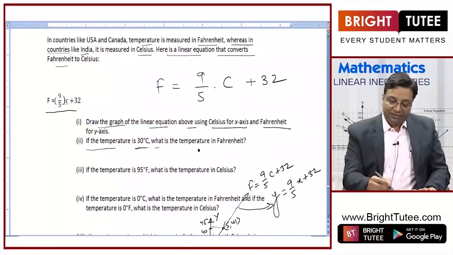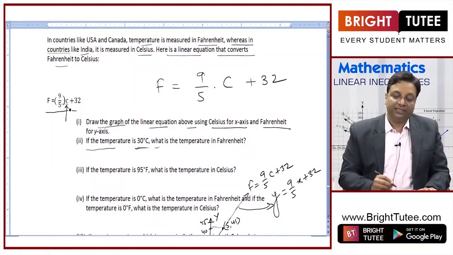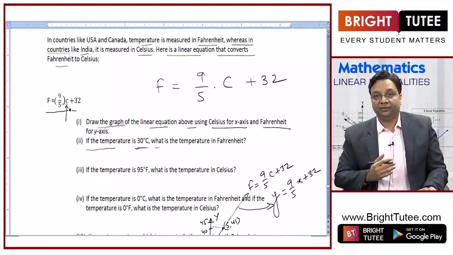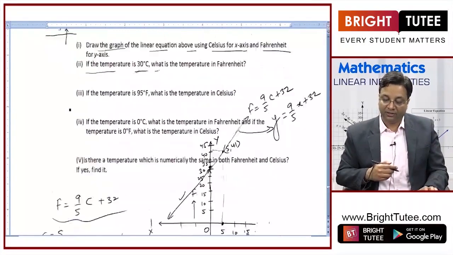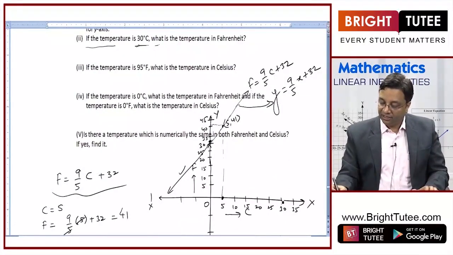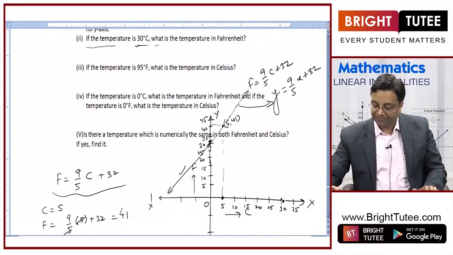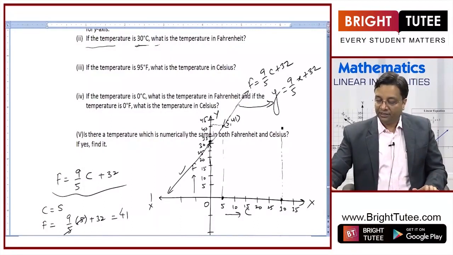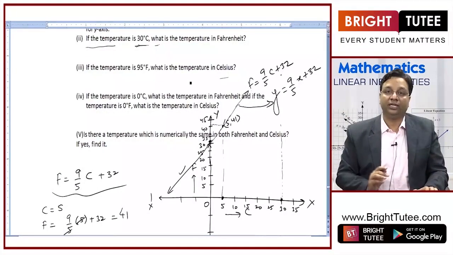So the question is, if I put C equal to 30, what will be value of F? Or another way of thinking about it is, if I draw a line parallel to y-axis passing through this point here, 30, then where will it meet the graph and what will be the corresponding ordinate?